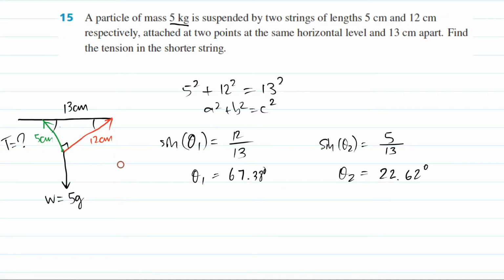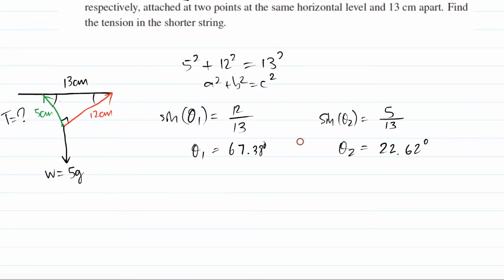Okay, so after you find this angle, how do you allocate it to these other angles right here, so this angle and that angle? Well, it's actually quite simple. You draw a straight horizontal line, and we know through alternate angles, this is 67. So I'll call that theta 1, 67 right here.